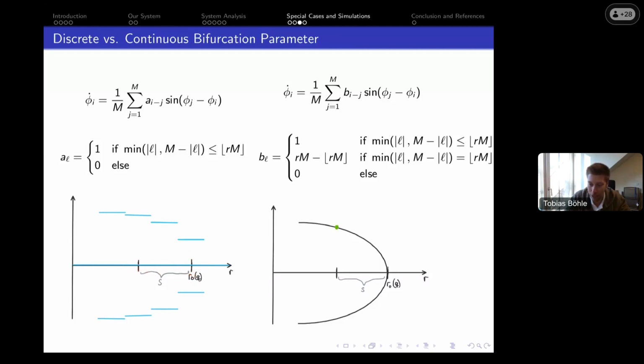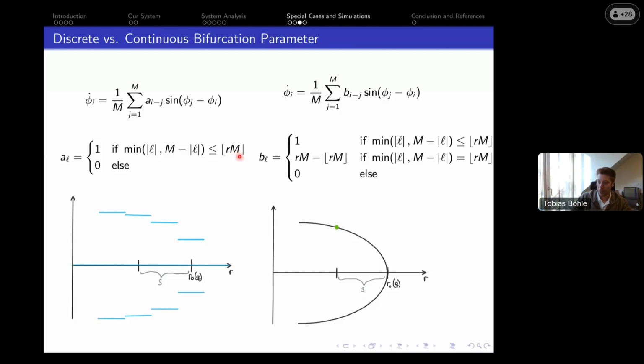But S is 10 to the negative 4, but I have simulated the Kuramoto model where m is equal to 1000. So in my example, the width of these steps would actually be 10 times larger than this interval here, which is a bit annoying because then you cannot really find any bifurcating equilibria.